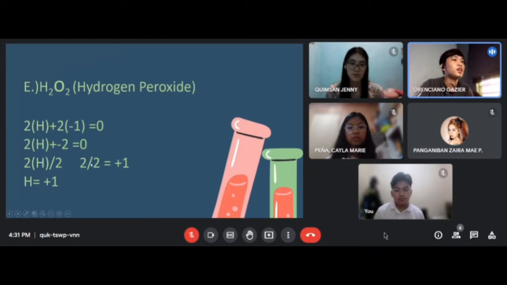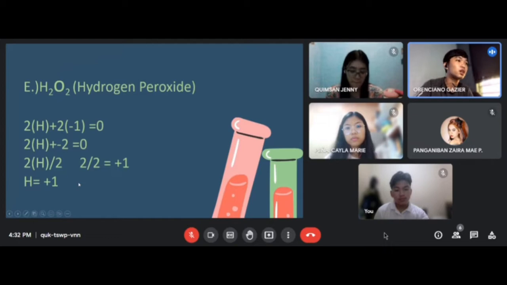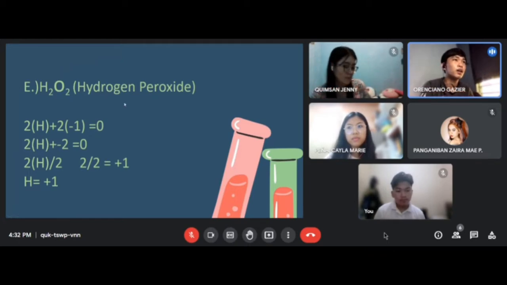So, 2 over 2 is equal to positive 1. Then, what we got for the charge of hydrogen is positive 1. Then, upon checking, positive 1 and negative 1, we multiply the two, then cancel out, and our hydrogen peroxide becomes neutral.